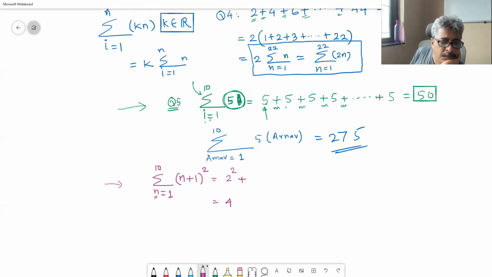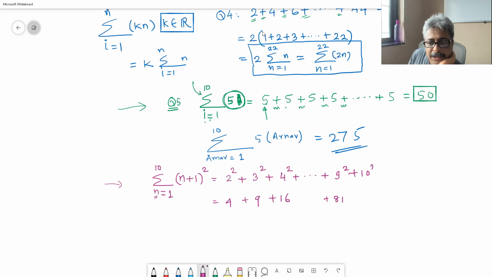What is the second? Put n is equal to 2. It makes it 3, 3 square, which is 9, plus 4 square, which is 16, plus dot dot dot, plus 9 square, which is 81, plus 10 square, which is 100.